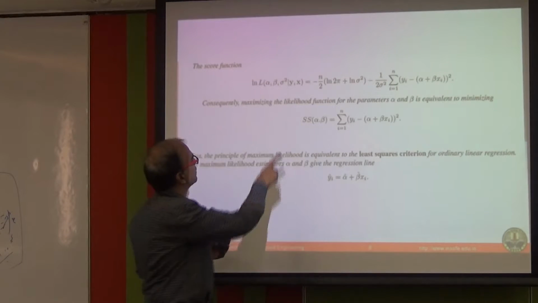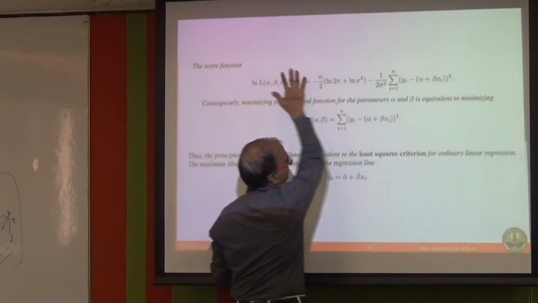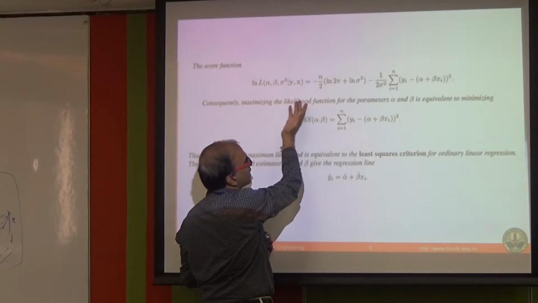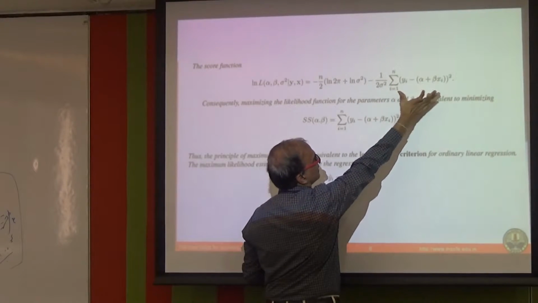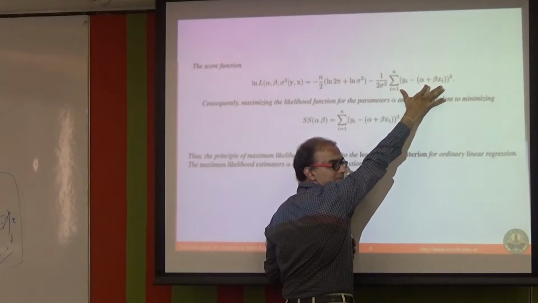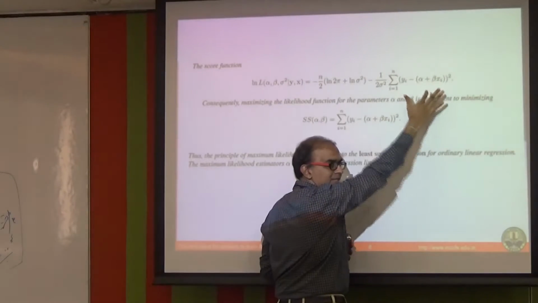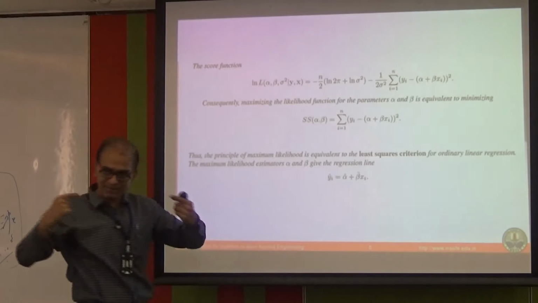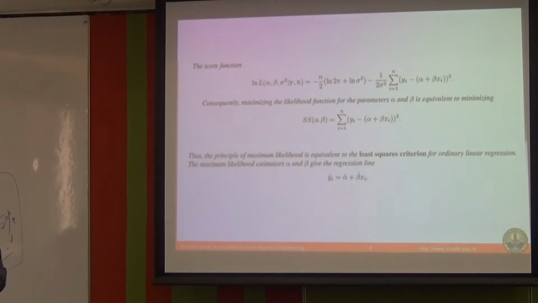So I am interested in this part of the expression. So there are two options for me. Find the alpha beta that maximize this, or because there is a negative sign, find what minimizes this. I call this error function. So you either maximize your likelihood or you define an error and minimize that error. And in this case, that error is nothing but this, which is your least squares regression, least squares estimator.